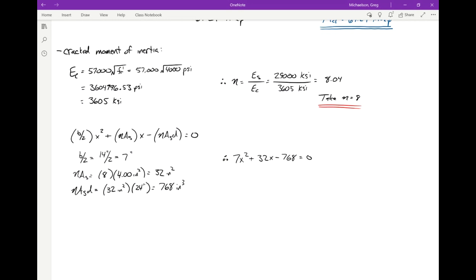You get x1 and x2. x1 is minus 13.01 inches, and x2 is positive 8.44 inches. Of these two, remember, you're solving for a neutral axis in a beam, so you only take the value that makes sense, and the value that makes sense is the positive answer. So x is x2, which is 8.44 inches.